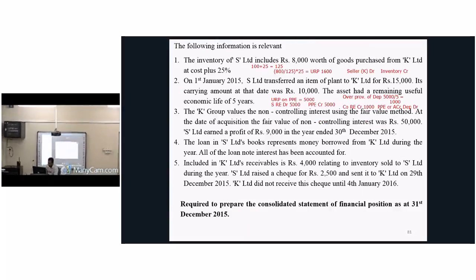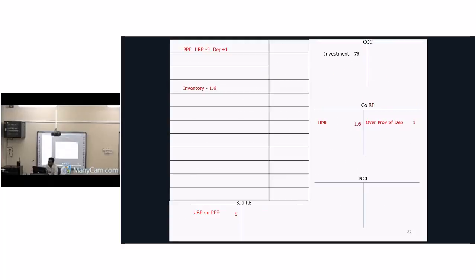Right, that's all about it. Now the third adjustment. K group, K means the parent. The fair value of NCI is given, very easy. Fair value of NCI is 50,000. We know the double entry for fair value of NCI: debit to cost of control 50 and credit to NCI account.